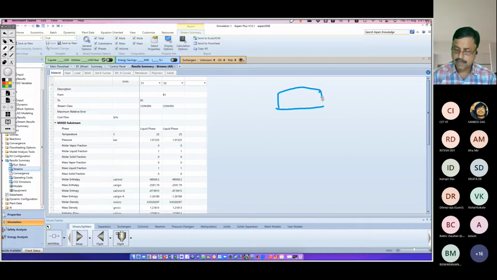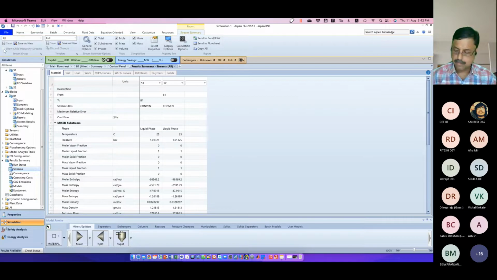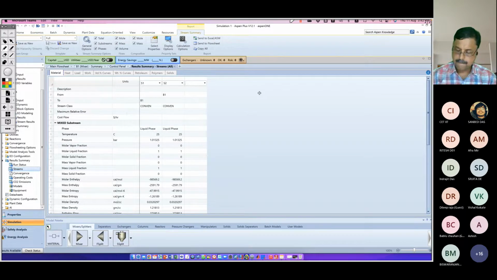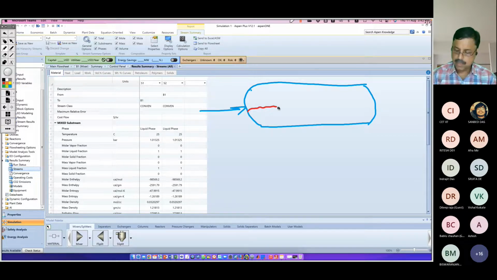Suppose this is the decanter, and ideally it will be like this. I will draw it a bit larger. So ideally, a decanter will look like this.